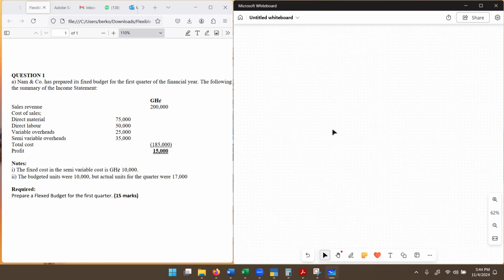All right, so let's start. So we start with the flexed budget. We start with what? With sales. So we know that we are keeping the original selling price, and for the variable cost, we are keeping the per unit cost.